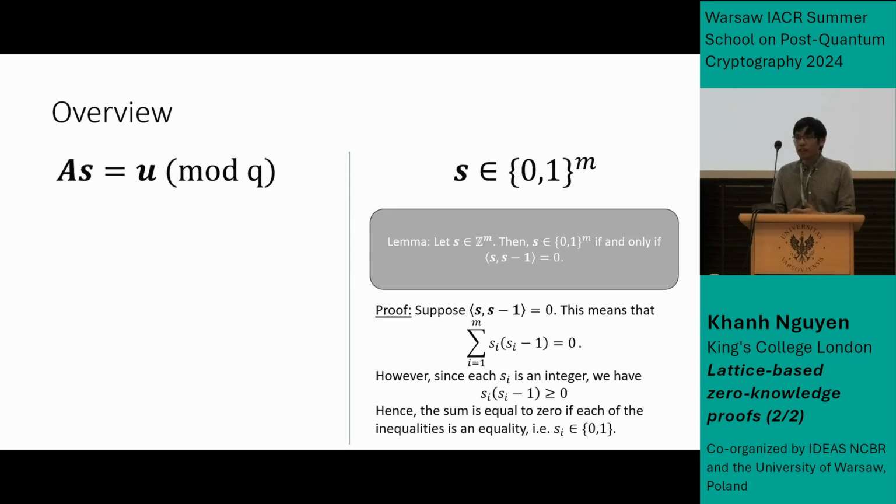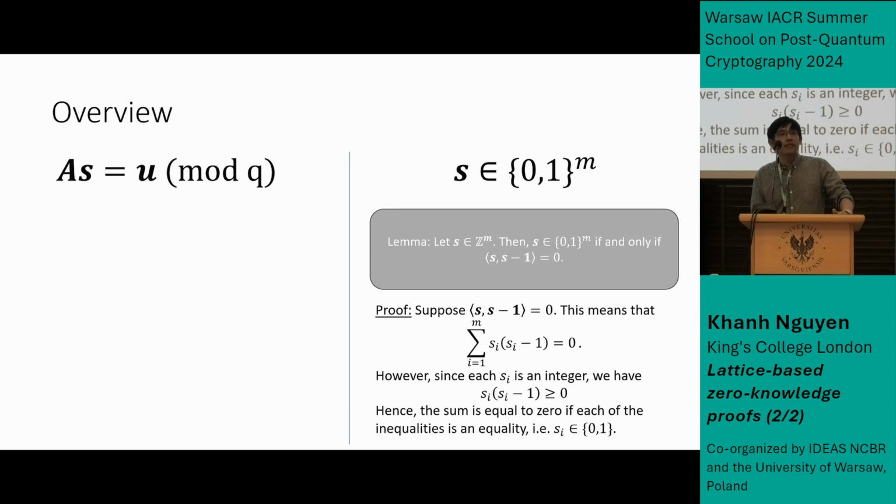Okay? So why is it true? Well, the first direction is trivial, right? If it's binary, then each term in that inner product is 0. Okay? But so suppose the other direction. So suppose that the inner product is 0, okay? So we can write down this inner product as a sum of these quadratic terms, Si times Si minus 1, is equal to 0. But now, since each Si is an integer, we know that Si times Si minus 1 is at least 0.